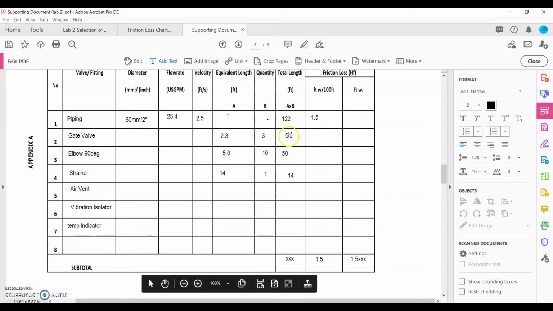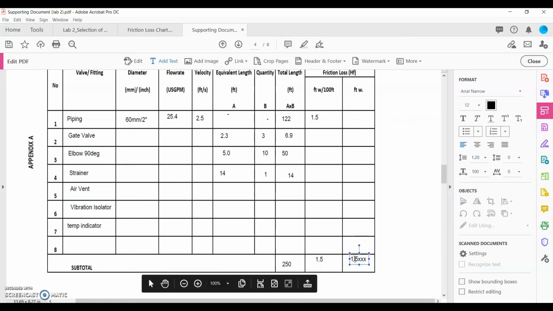So this one plus this one plus this one, and then let's say, for example, you get 250. Okay, let's say 250. And then the friction loss that you got from the piping, 1.5, just bring it down, 1.5 here, and then this one times this one you will get here.